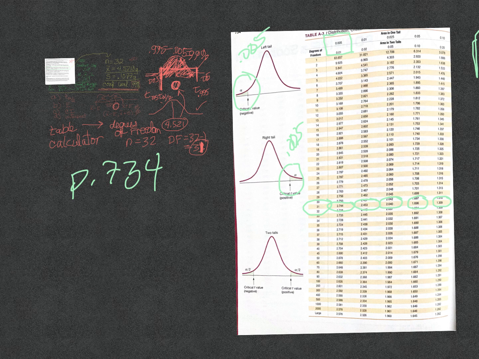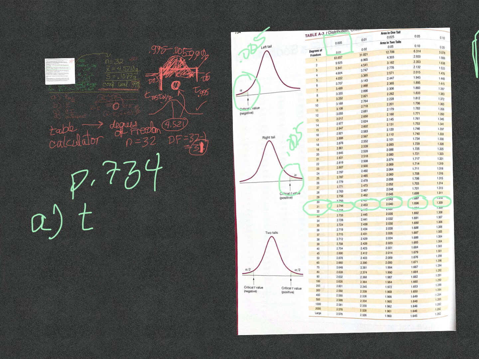So that's why I choose the first column, because it gives me the area in either one tail or two tails. Two tails is just the confidence level subtracted from 1, and then one tail is that cut in half. So now we have that, and that's why I said it was t sub 0.005. That's what the t sub alpha over 2 was in part A that we needed to find.